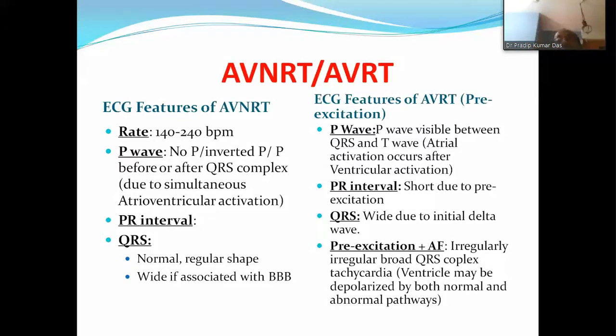So the P wave is sometimes visible between QRS and T waves. PR interval is short due to pre-excitation. QRS is wide due to the initial delta wave. Pre-excitation with atrial fibrillation, if present, gives an irregular broad QRS complex tachycardia, as the ventricle may be depolarized by both the normal and abnormal pathways. That is a special case, pre-excitation with atrial fibrillation.